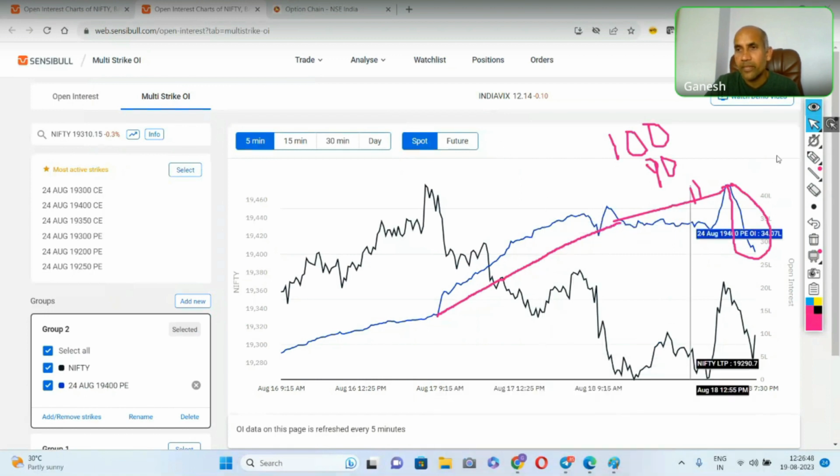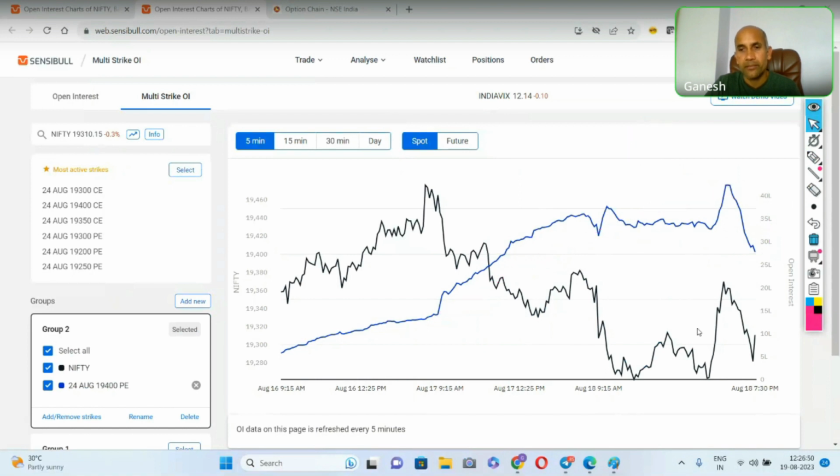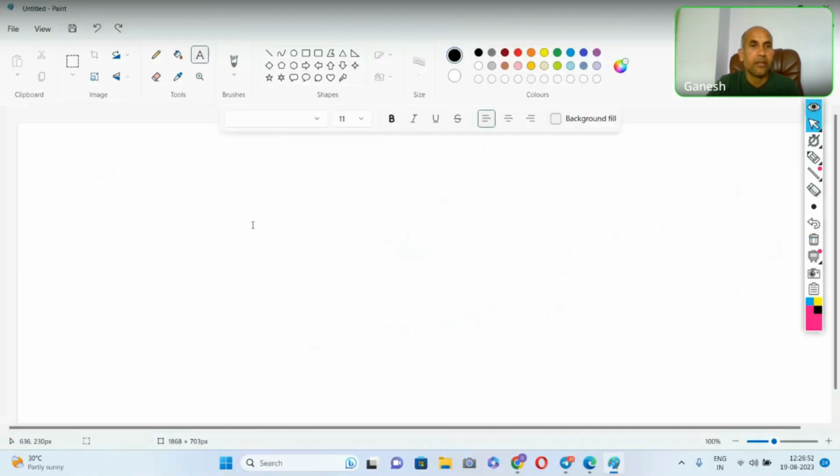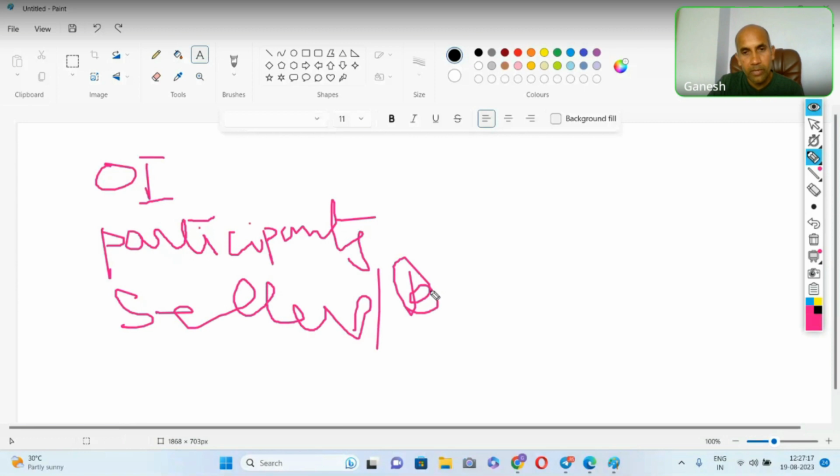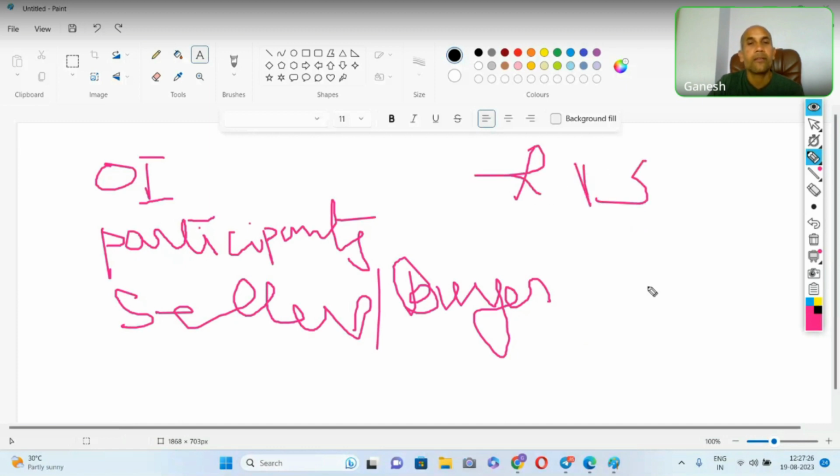So let me recap what we learned. We understand what open interest is. We understand who the participants are, and we understand the seller's point of view, sellers versus buyers, who the buyers are, and what resistance versus support is.